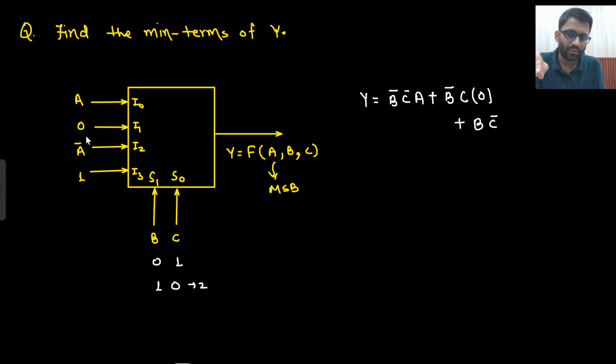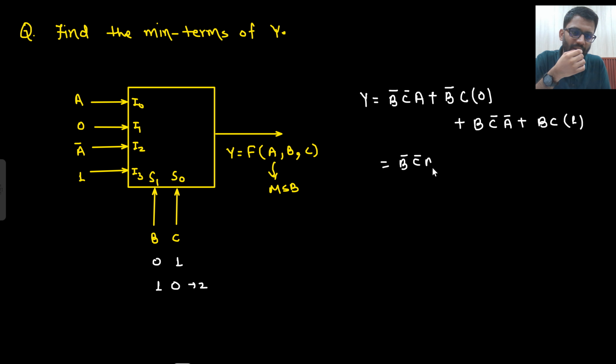Decimal equivalent is 2. Then a bar will be coming out. Plus, if b and c both are there, then 1 will be coming out. So the expression is b bar c bar a plus b c bar a bar plus b c.